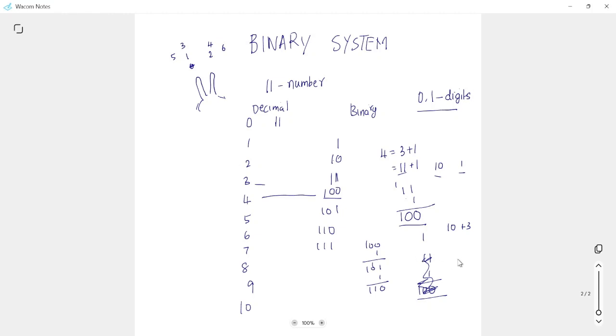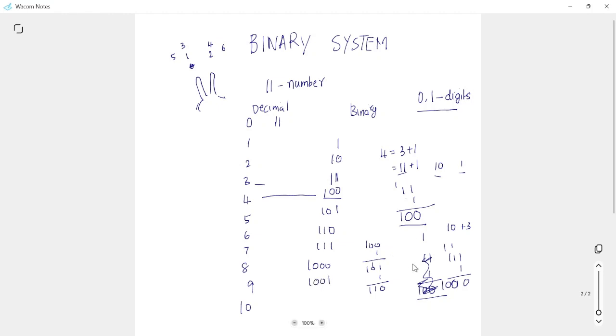How do you write 8? 8 is 1, 1, 1 plus 1. 1 plus 1, 2, which is 1, 0. And then 1 plus 1, 2, which is 1, 0 again. And you take the 1 here. 1 plus 1, 2, which is 1, 0 again. We write 8 as 1, 0, 0, 0. And 9 is nothing but 1, 0, 0, 1.